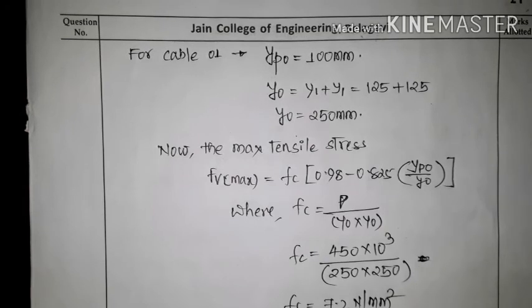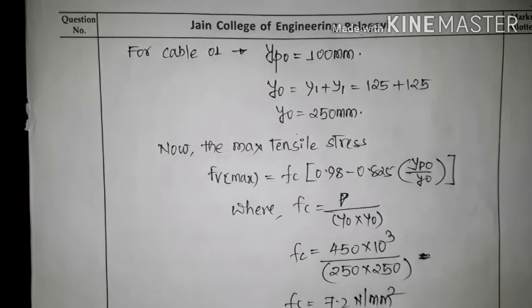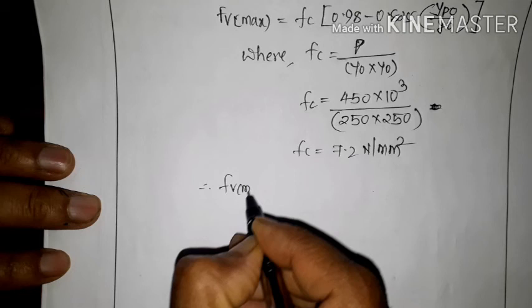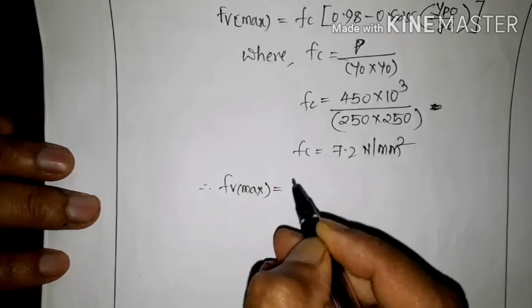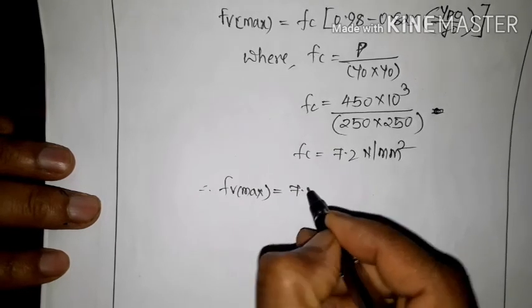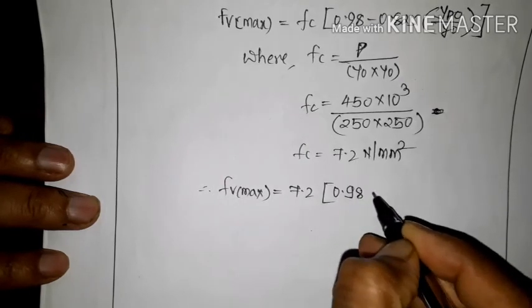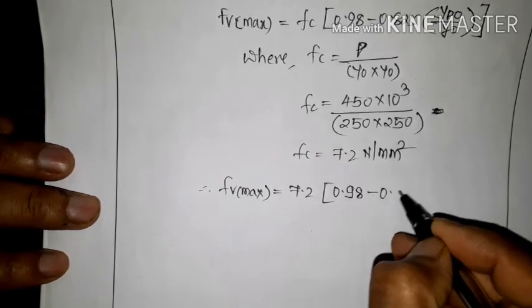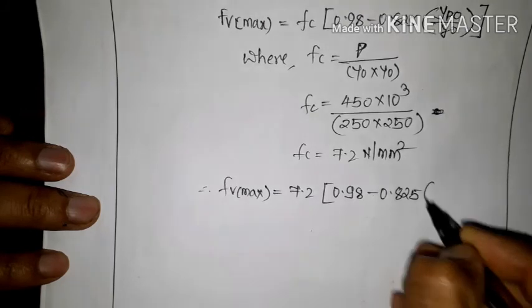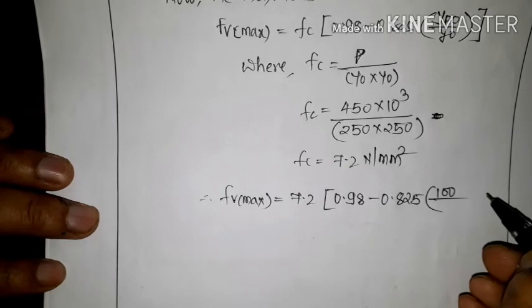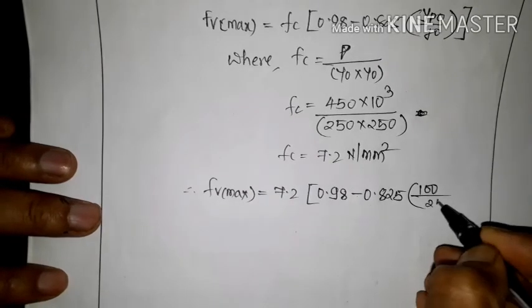So therefore Fv max is equal to 7.2 bracket of 0.98 minus 0.825 into bracket of 100 divided by 250.